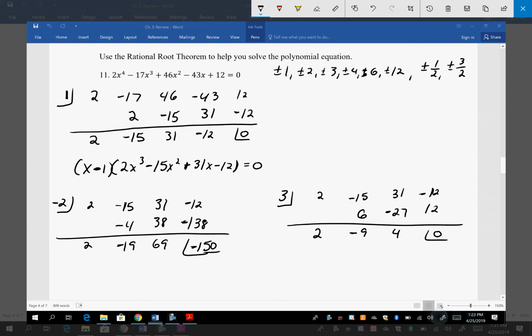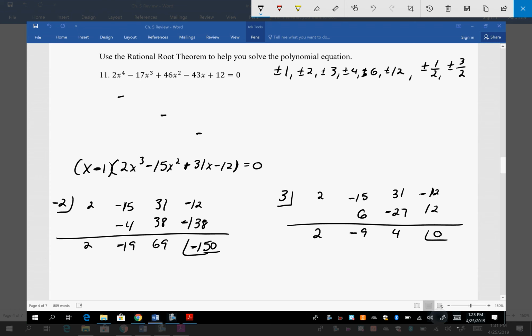Okay. So what I'm going to do is keep writing. I'm going to erase that because we're done with that. Okay, and I'm going to erase this. All right, which one did we already write down? What was our first root? X minus 1, right? This is another root.